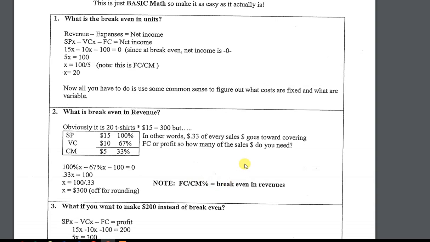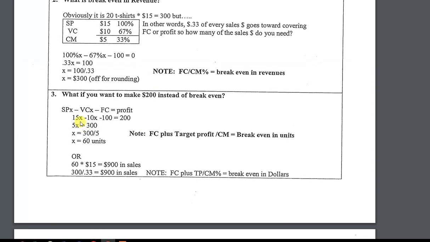Now the next question is, what if I want to make $200 instead of break even? Notice up here, I just plugged 0 into this for net income. Well, all I do now is plug in $200, and I can solve it, and you can go through that.